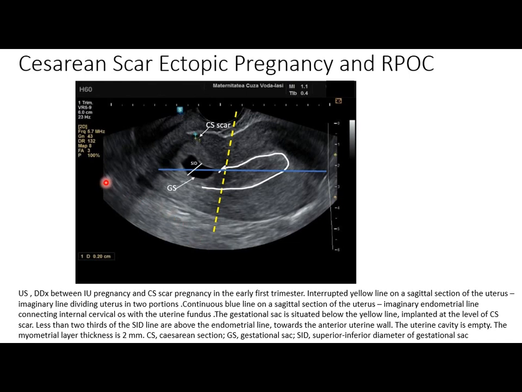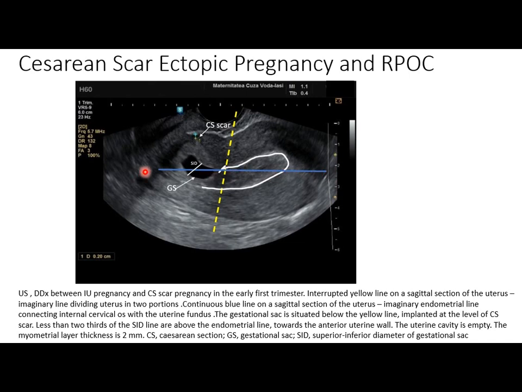In the absence of a gestational sac within the endometrial cavity, with a positive pregnancy test and presence of this gestational sac here, we draw an imaginary interrupted yellow line that divides the uterus into two portions, and another imaginary line from the fundus connecting to the cervical os.